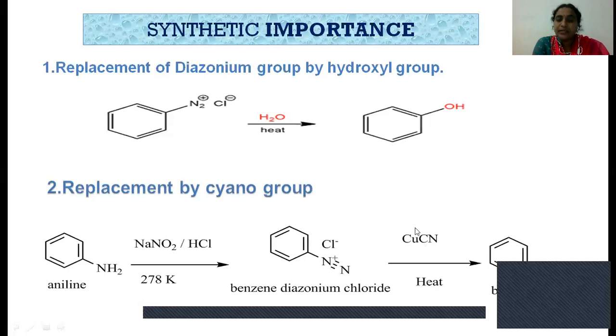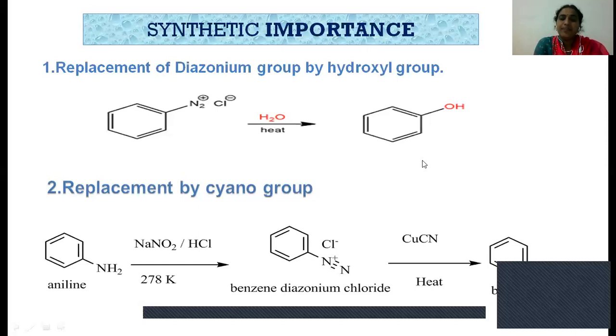So this minus charge compound gives its electrons to here, and simultaneously this compound is eliminated as nitrogen as well as Cl minus, by taking its bonding electrons. So finally it produces cyanobenzene.